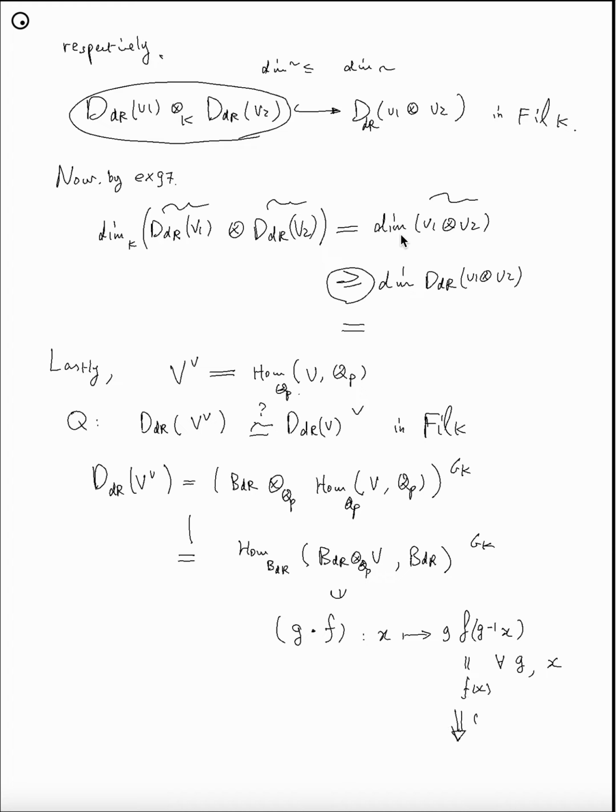Sub exercise. In general, let's say Hom_{A[G]}(B, ...). If this implies that Hom_A(B, ...)^G equals Hom_{A[G]}(B, ...), obviously this is contained there.